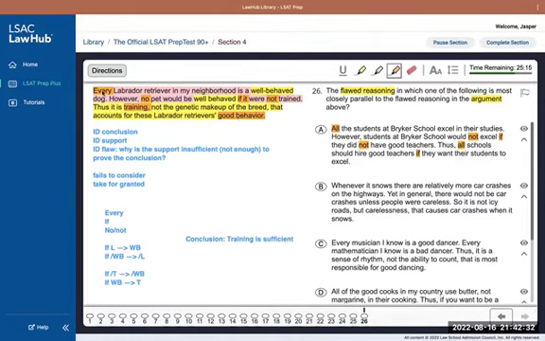We're seeing every and all, both sufficient condition indicator words. We have if here, but it's if not, then, if they don't have good teachers, then the students will not excel, right? So we've got that negation along with the sufficient indicator word.